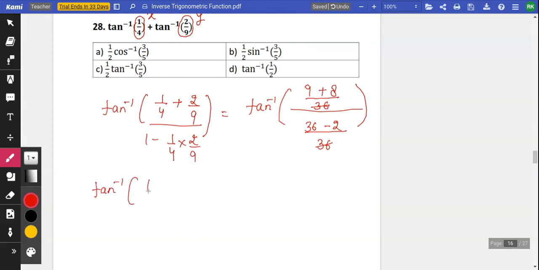Tan inverse 17 upon 34. 17 and 34 cancel out. It becomes tan inverse 1 by 2 because 17 multiplied by 2 is equal to 34. So correct answer is option D.